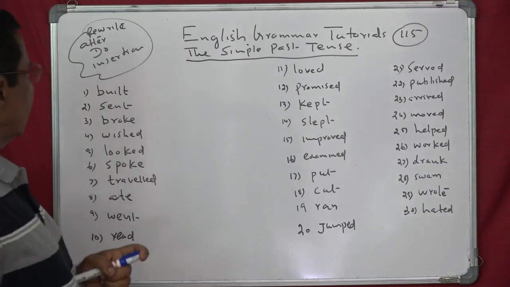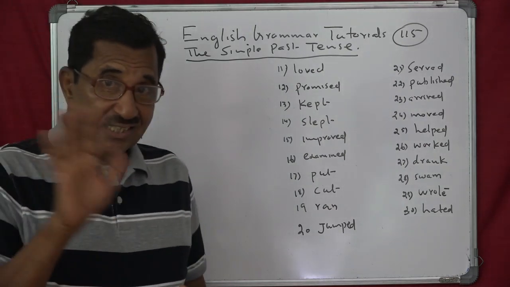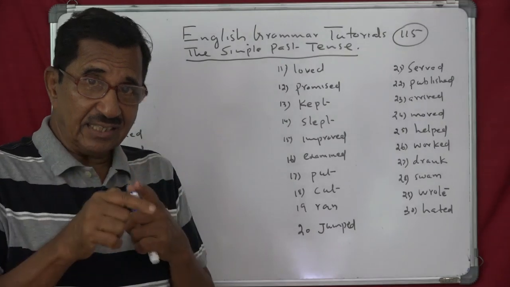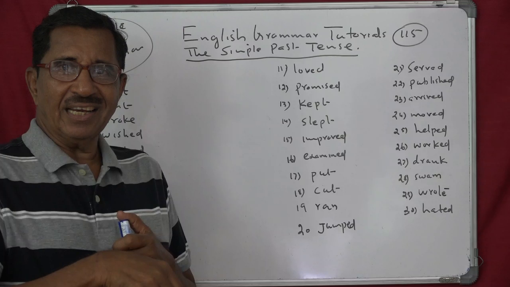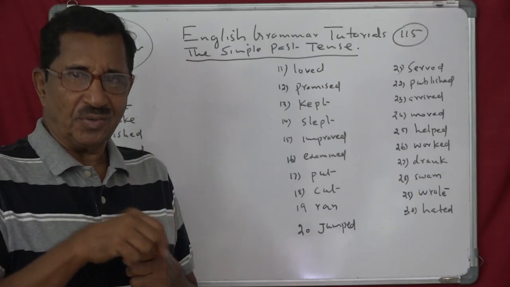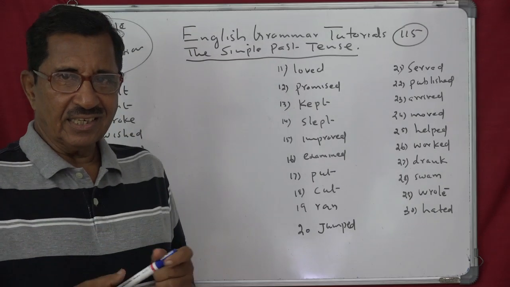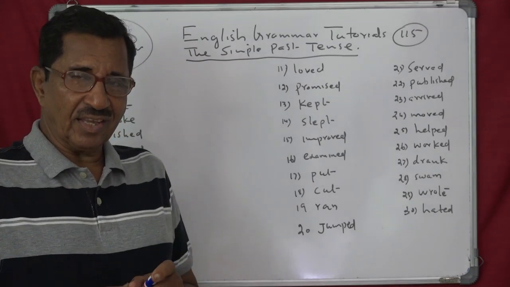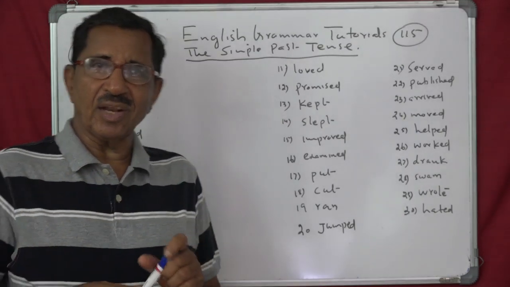Now the question here is: rewrite after do insertion, not did insertion. Do becomes did when you bring -ed and attach that to do, as I have already shown you. So let us start expanding it, after do insertion, and see how these verbs will look.